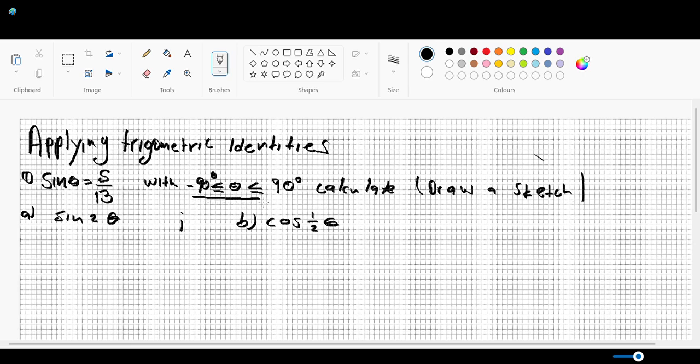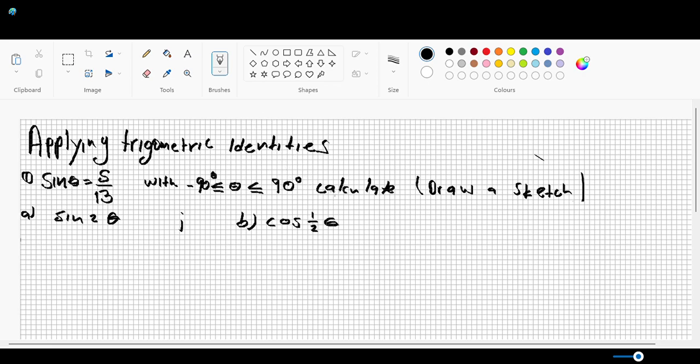They say theta is greater than -90 but less than 90, meaning theta should be between -90 and 90. So that's where your theta should be.